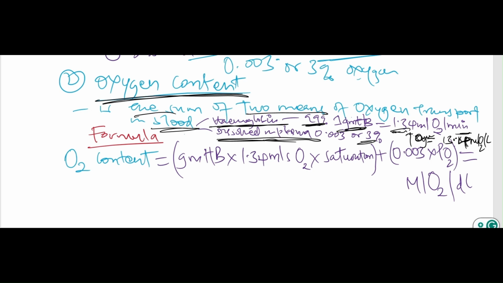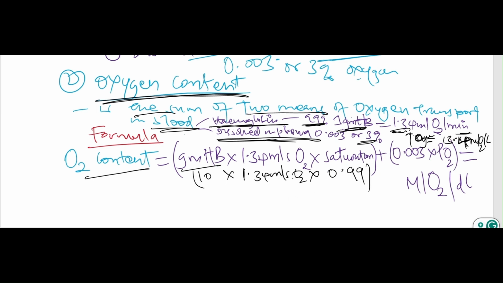So this is the formula for oxygen content. If you want to calculate it, it is grams of Hb, that is, assume you have 10 grams, then you multiply by 1.34, which is the constant amount of oxygen that 1 gram of hemoglobin fully saturated with oxygen can carry. And then you multiply by saturation. Assume you have 99, so you have to change it into a decimal for easy calculation, so it will be 0.99.